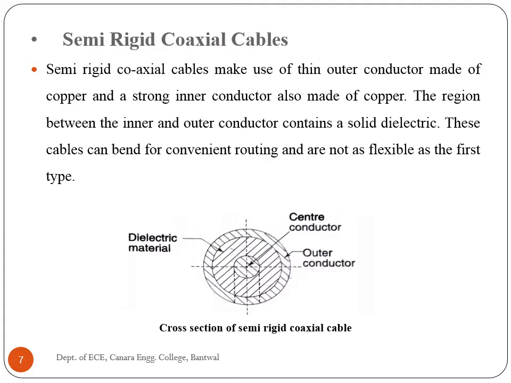Semi-rigid coaxial cables make use of a thin outer conductor made of copper and a strong inner conductor also made of copper. The region between the inner and outer conductor contains a solid dielectric. These cables can bend for convenient routing and are not as flexible as the flexible coaxial cable.